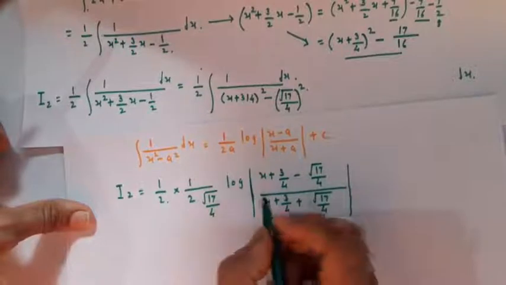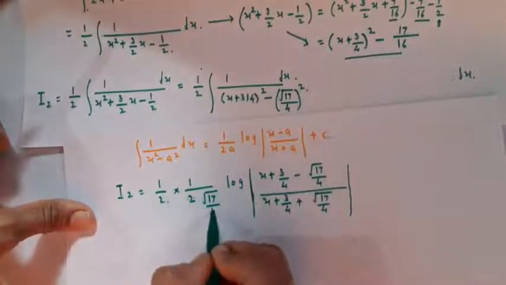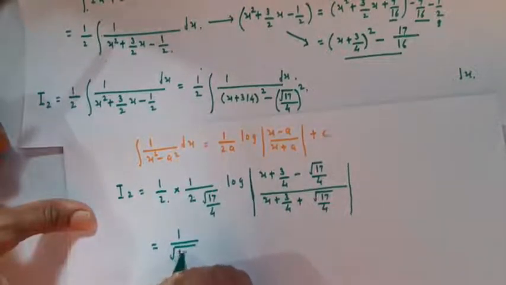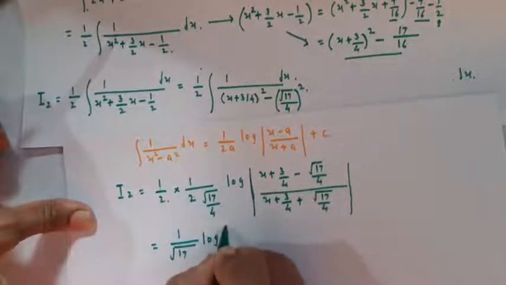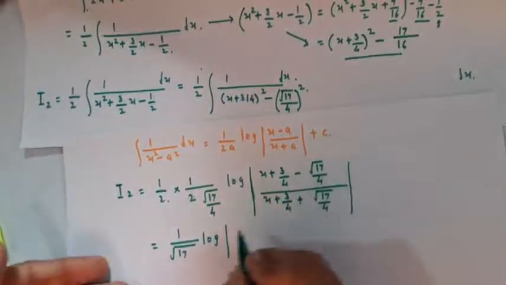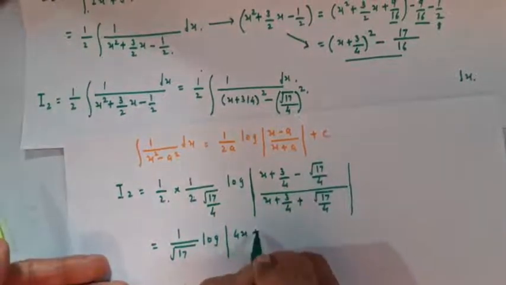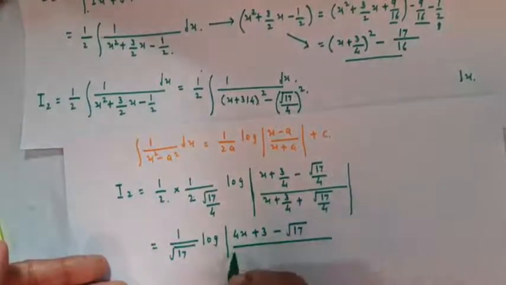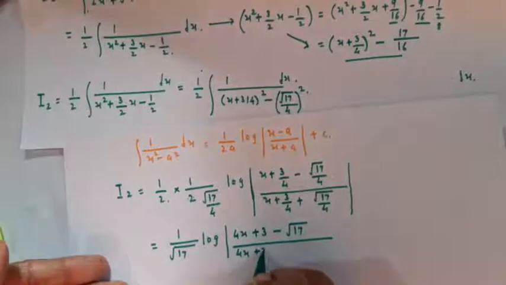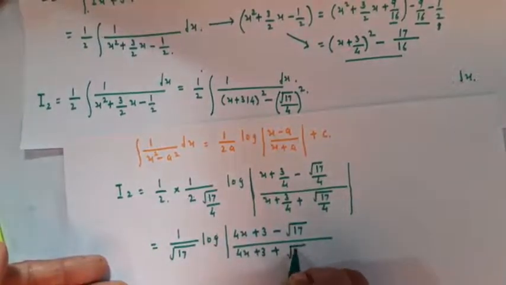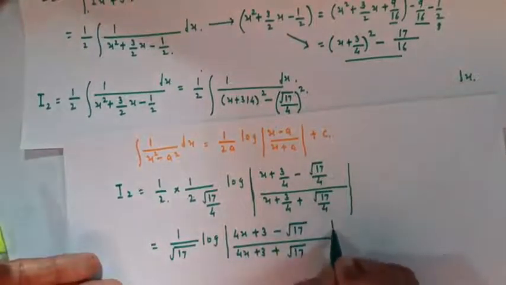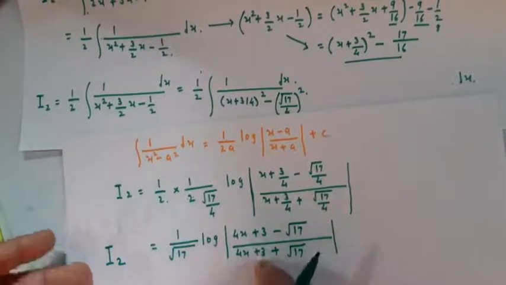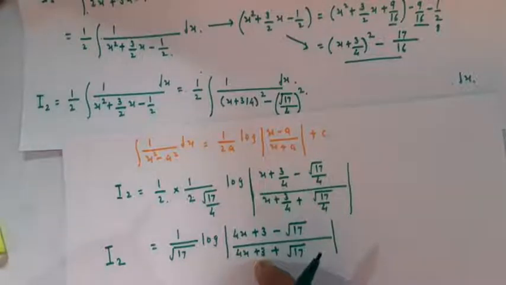In this way the 2 into 2, 4 divided by 4, gets cancelled, and the simplification gives 1 by root 17 log of, here we will take the LCM as 4, 4x plus 3 minus root 17 upon 4x plus 3 plus root 17, the 4 getting cancelled. This is the solution for the integral I2.